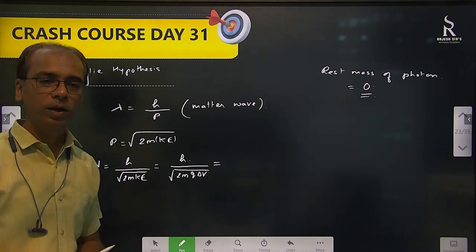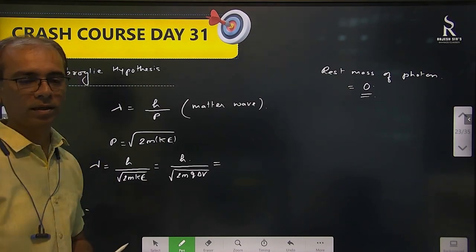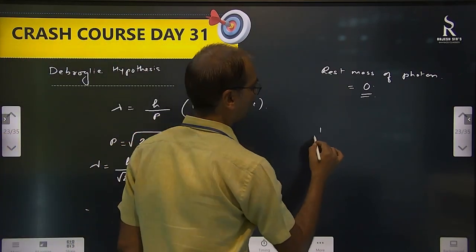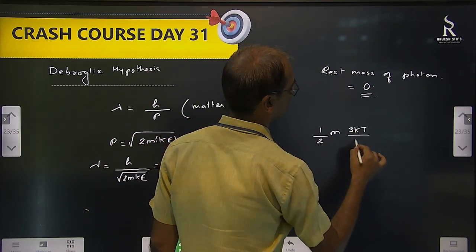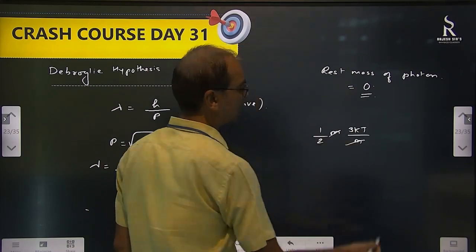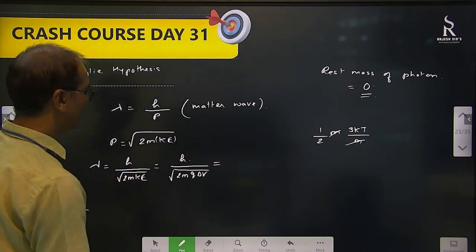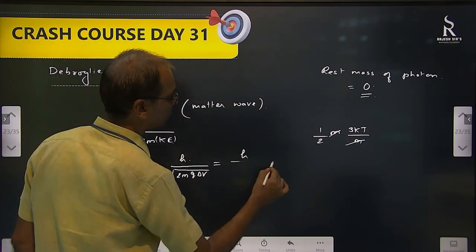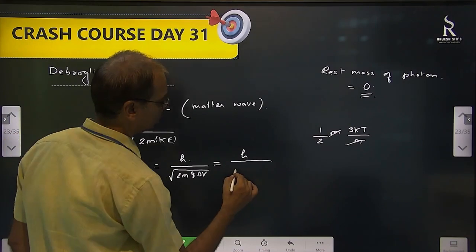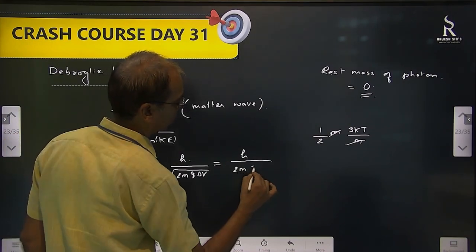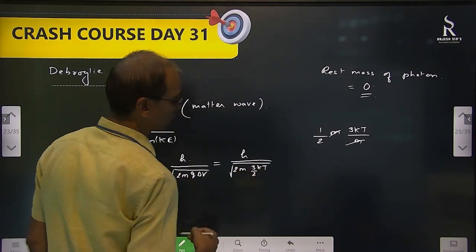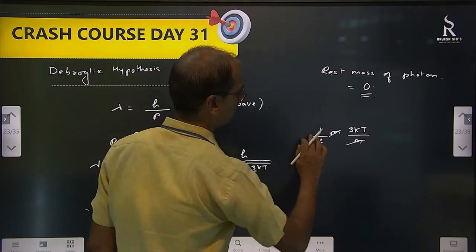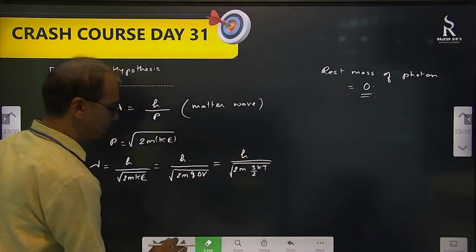So kinetic energy is half mv square, which is half m into 3kT by m. The m gets cancelled, giving 3kT by 2. So here, in place of kinetic energy, we can write root 2m times 3kT by 2. Remember that. If we are talking about thermal energy, we can represent it in this way.